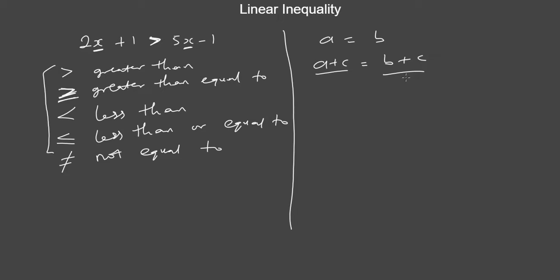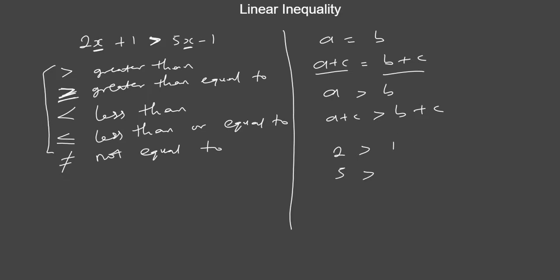Now the same thing goes for inequality. If I have A greater than B, I can add C. If I add C to whatever I have on the left, I should add C to whatever I have on the right, and this greater than sign stands true. And even if it's less than, it's the same thing. An example is this: if I say 2 is greater than 1, and I add 3 to this side, that will give me 5.